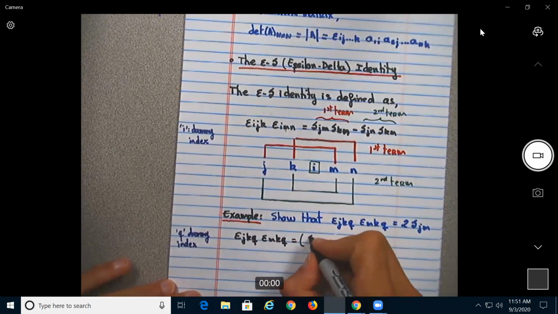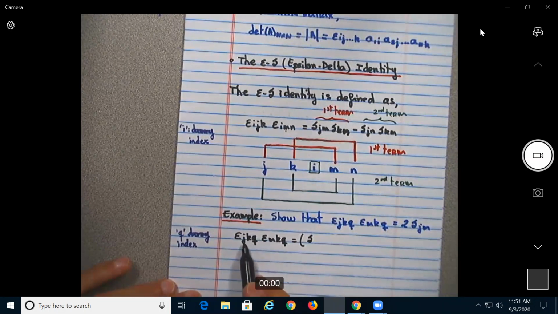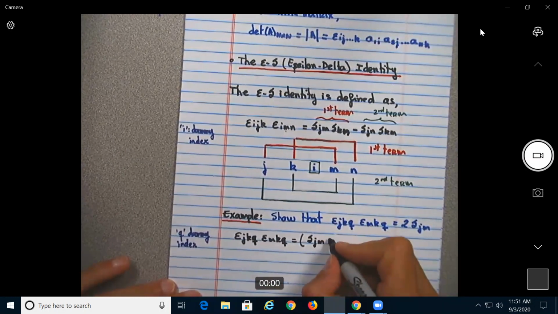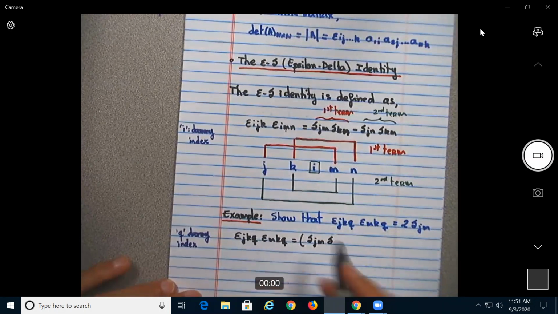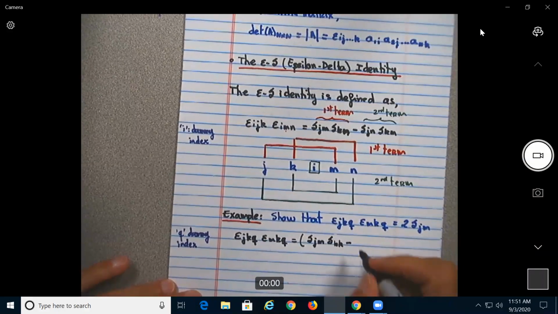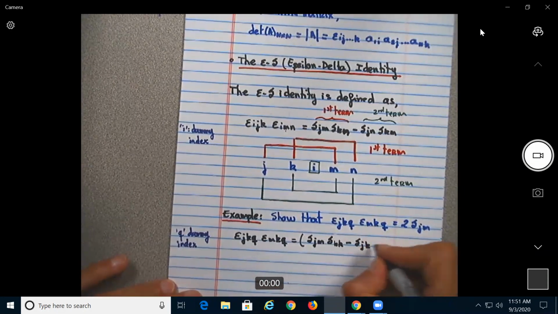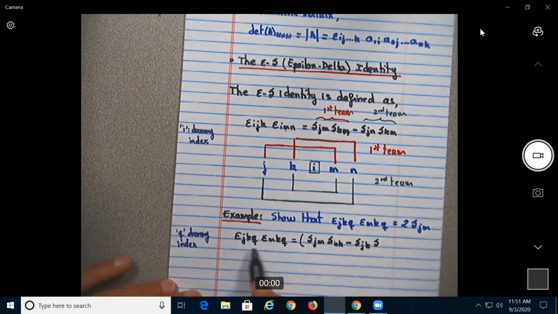Then what do we get? We eliminate Q, we get the first one with the first one. So it will be delta Jm, okay? Then we do the third one, that will be delta Kk minus, now we're gonna switch, delta of J K times delta of K M, the first one.